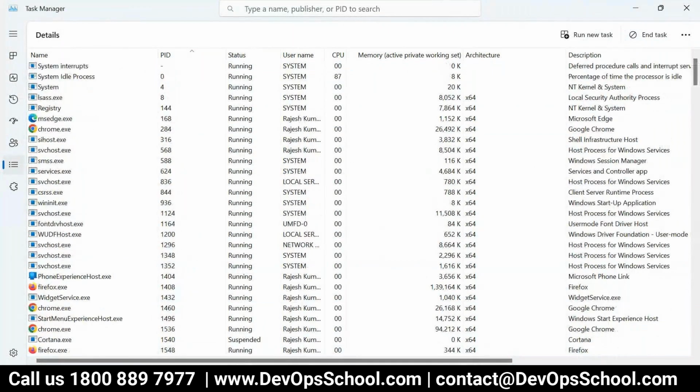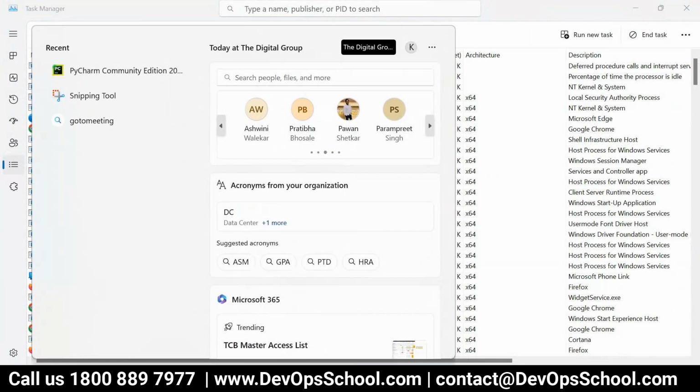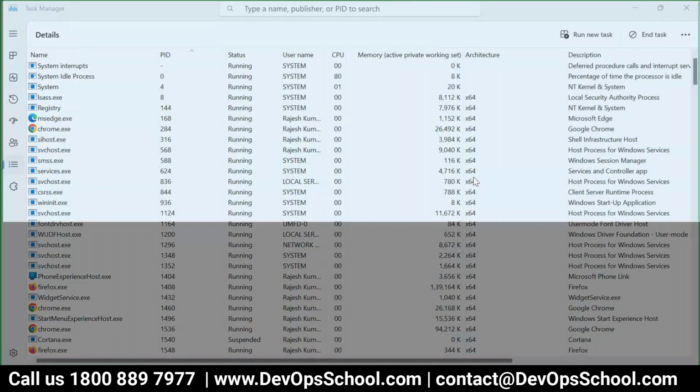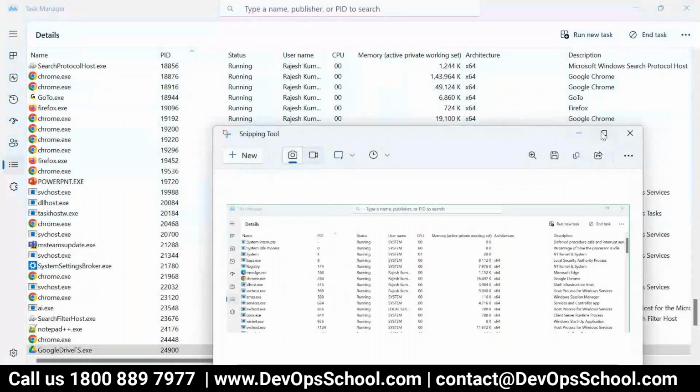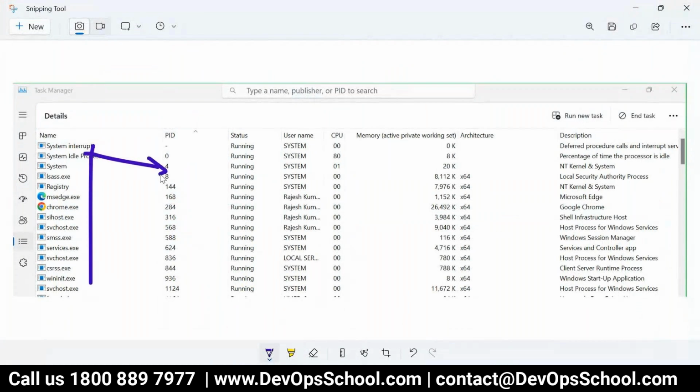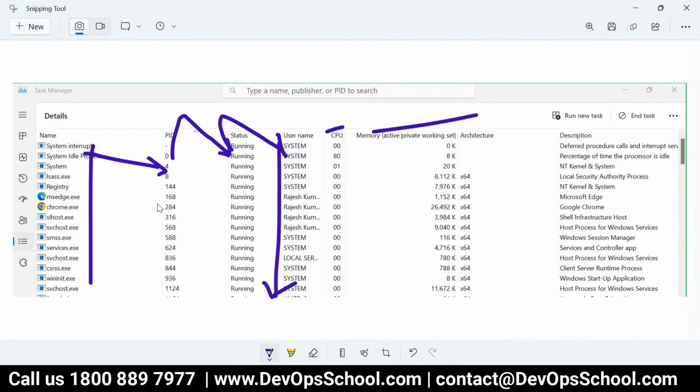If you look at it a little carefully, though I'm talking about Linux but showing you on Windows for ease of understanding, these are the processes, each with an attached PID, running or not, the user, and then CPU allocation, memory allocation, and so on. So every process is attached with some user and PID and so on.